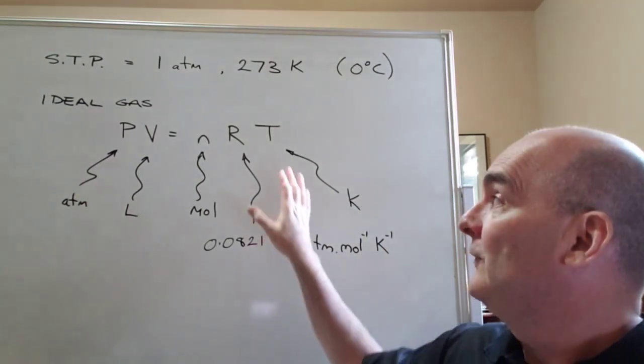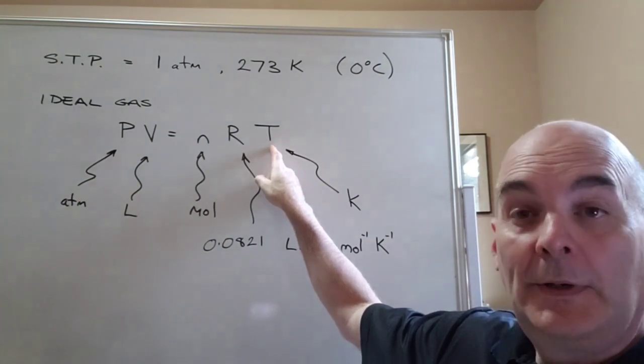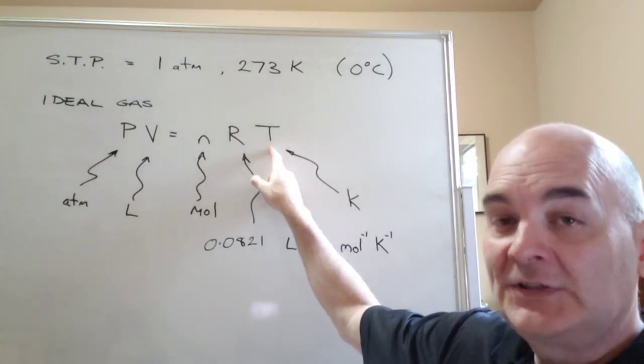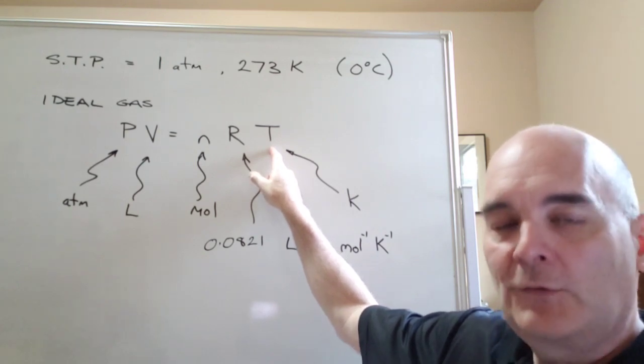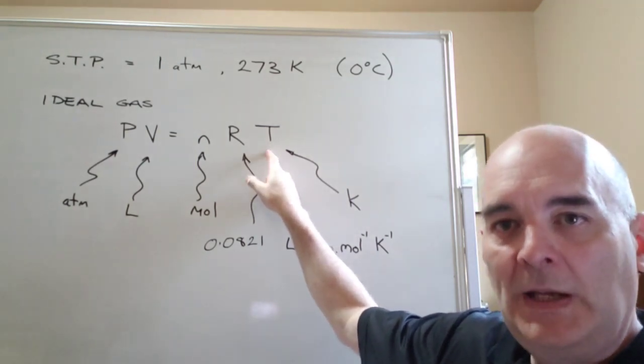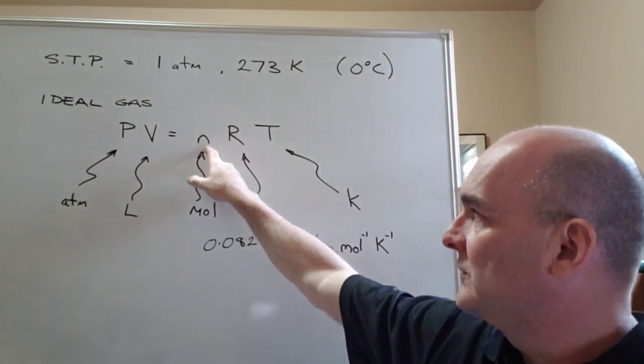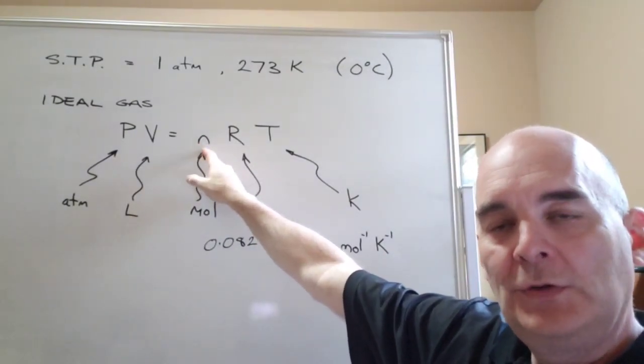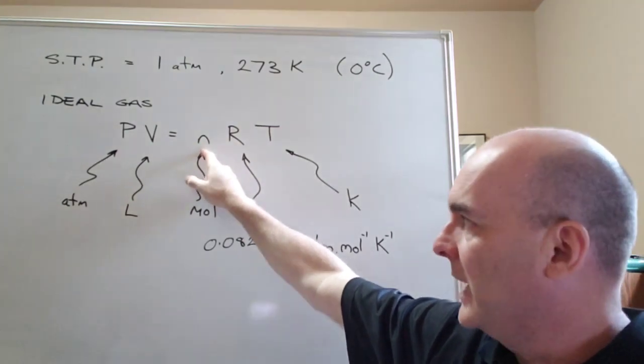So if you were to put a number here for temperature into this calculation using Celsius, you'd get the wrong number. It must be in Kelvin. If you were to use anything other than moles here, you would get the wrong answer.